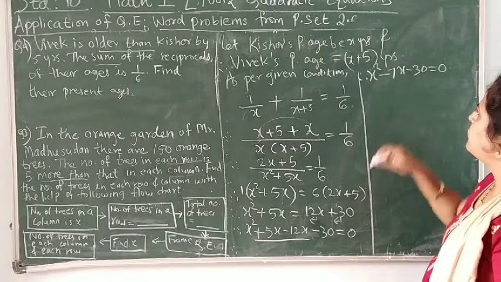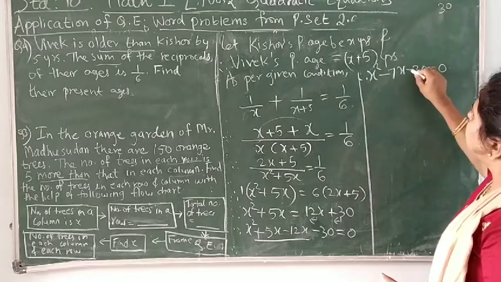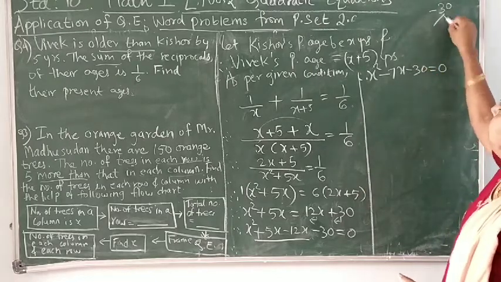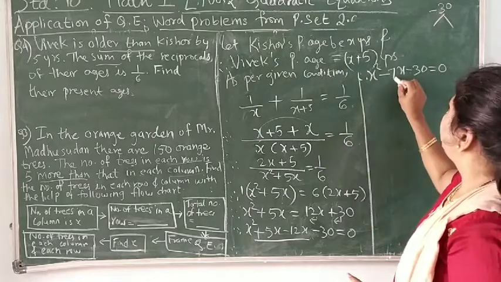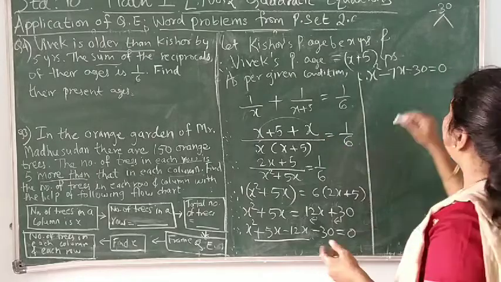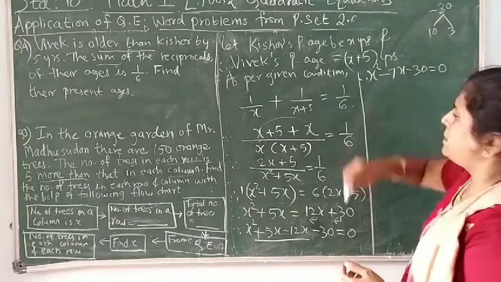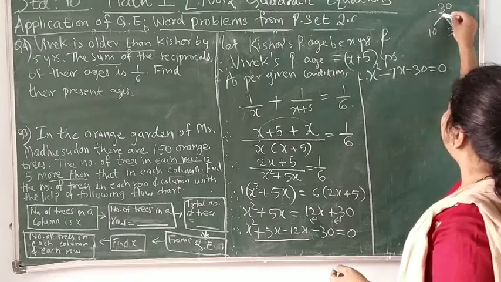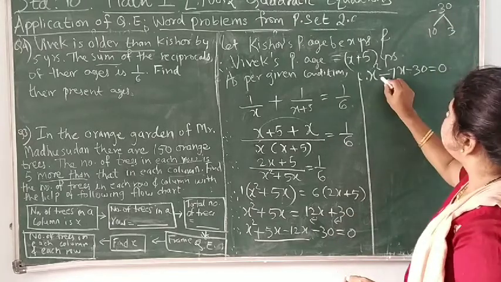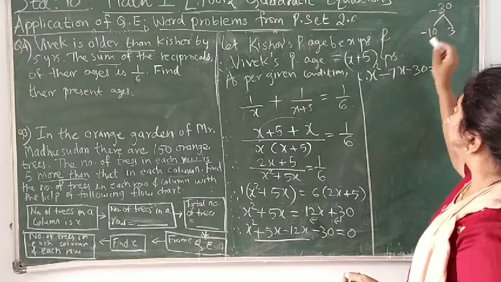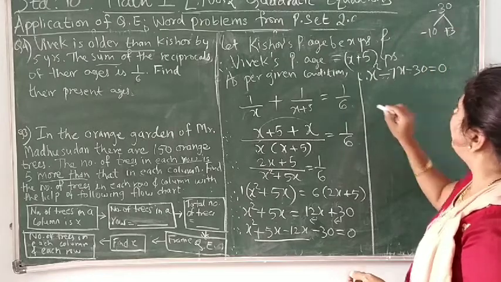Now let's get the factors of this. Factors of 30, that's a minus sign, and the subtraction should give 7. Okay, 10 threes are 30, we are getting very easy factors. 10 into 3 is 30, 10 minus 3 is 7. The minus sign should be given to the greater number and its opposite to the smaller.